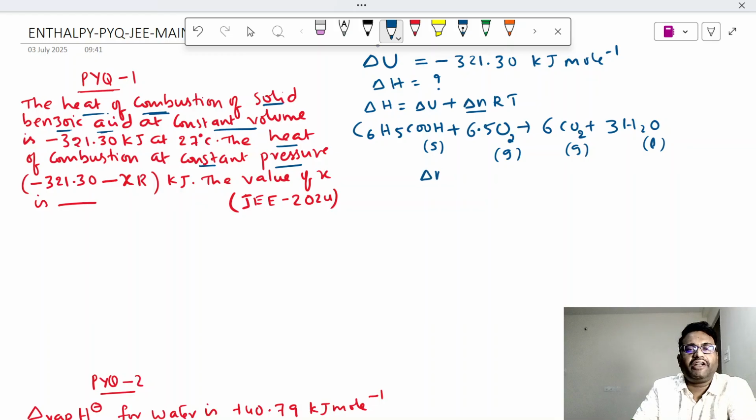Then what will be delta Ng? That is equal to number of moles of gaseous products minus number of moles of gaseous reactants, that is equal to 6 minus 6.5, that is equal to minus 0.5. Then let us calculate delta H. So delta H is equal to delta U, already given, minus 321.30 plus delta n RT.